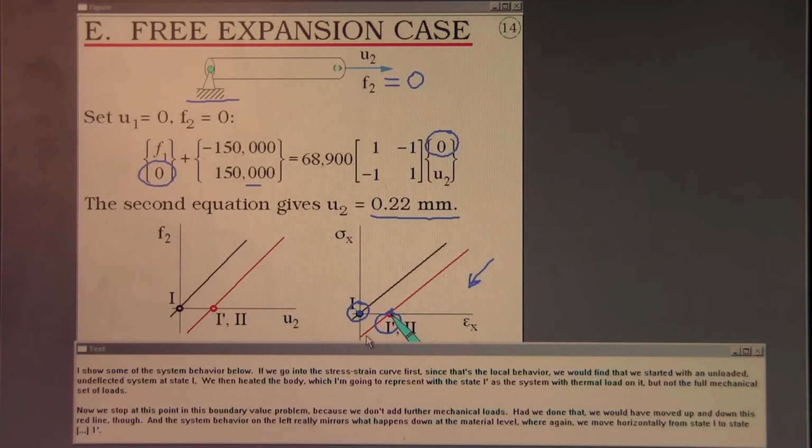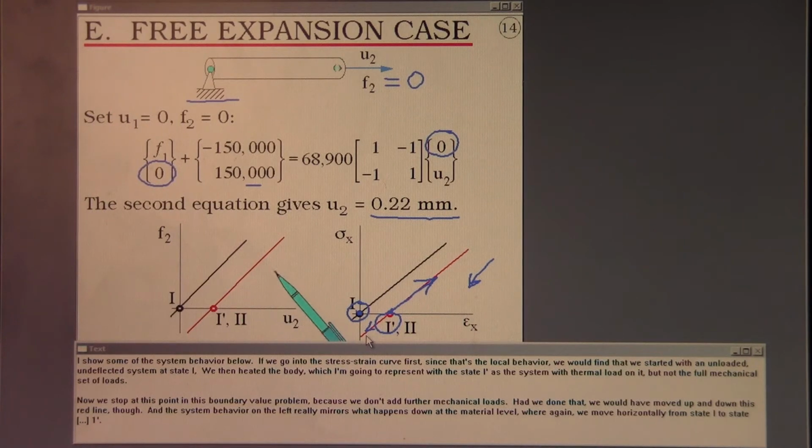Now we stop at this point in this boundary value problem because we don't add further mechanical loads. Had we done that, we would have moved up and down this red line though. And the system behavior on the left really mirrors what happens down at the material level, where again we move horizontally from state 1 to state 1 prime.